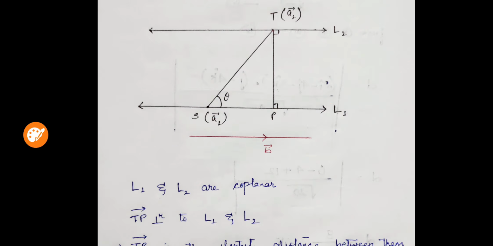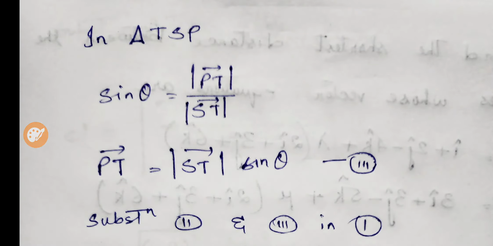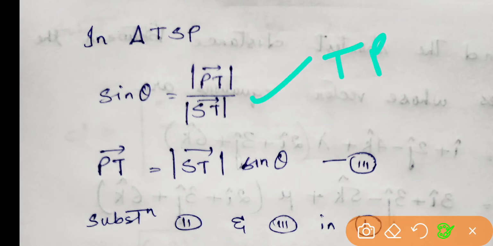So sine theta is PT or TP, both are same, because it's the magnitude, so minus doesn't matter even if it is a vector. In magnitude sign doesn't matter. So now PT can be written as ST sine theta.